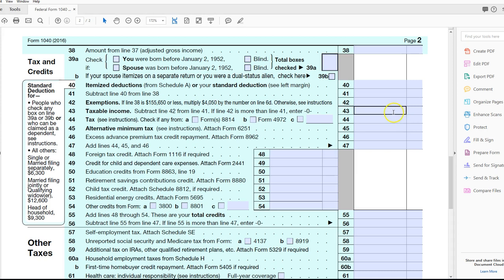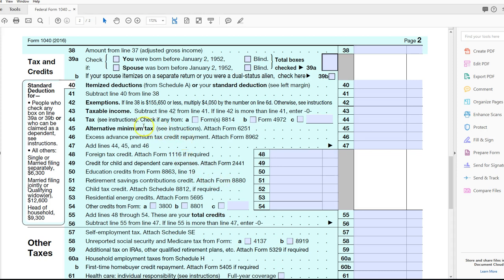And then we come to taxable income. So when we take our adjusted gross income and subtract itemized deductions and exemptions, that becomes taxable income. Then we can use the tax tables or the tax charts to find out what the tax would be.